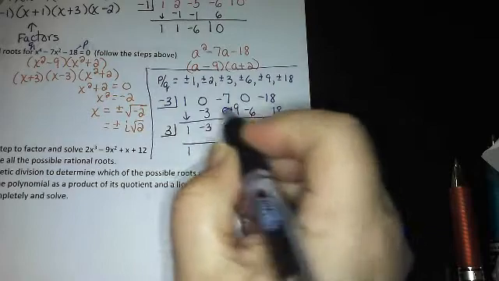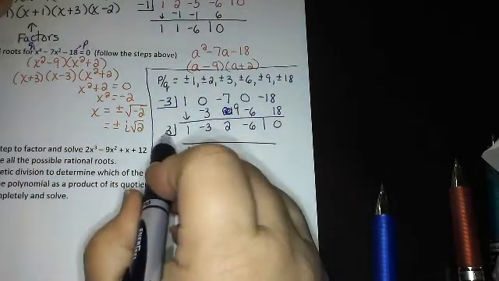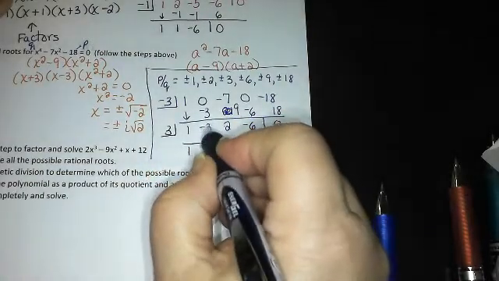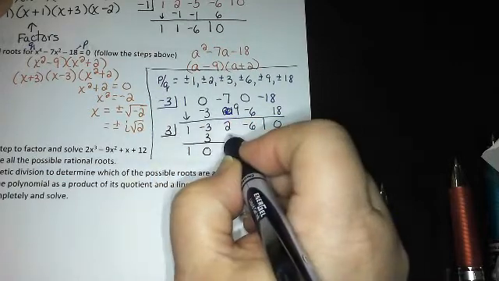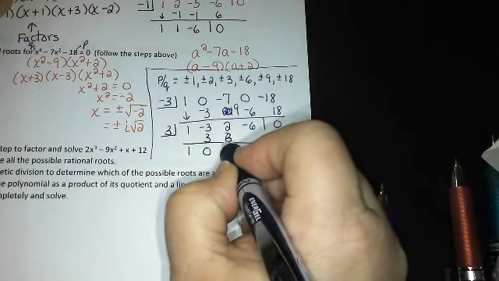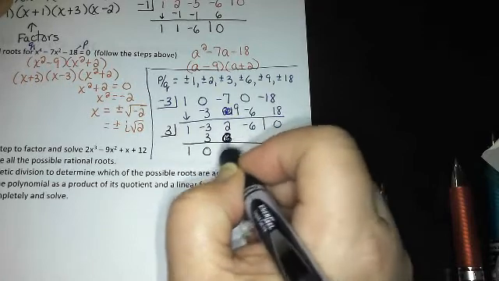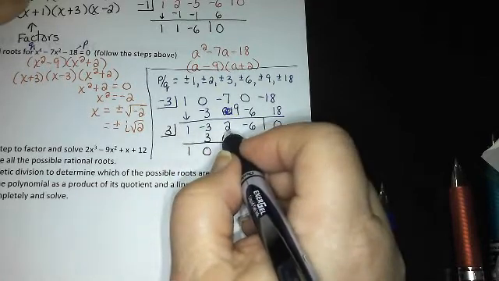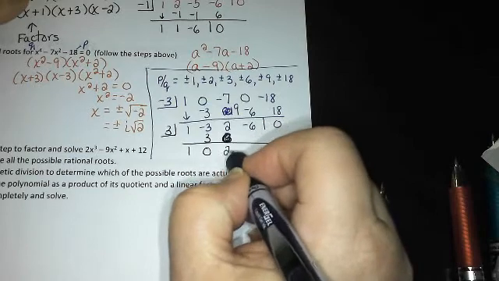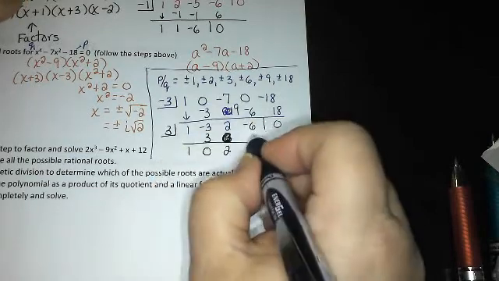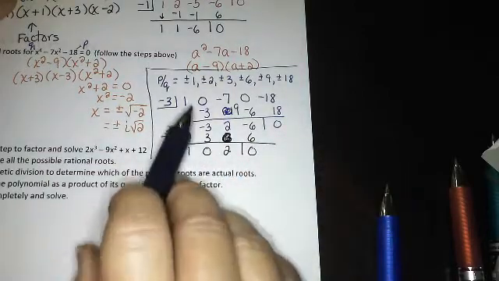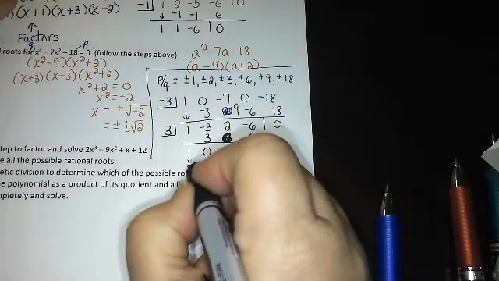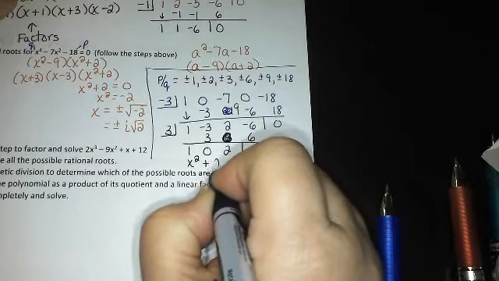So bring down the 1, and now we multiply, and we add those together. 0 times 3 is 0. We multiply, and we add those together. So now we've got it down to x squared plus 2.